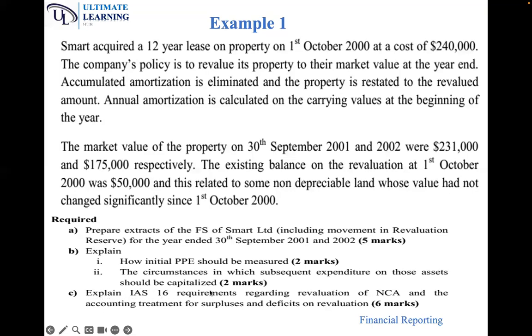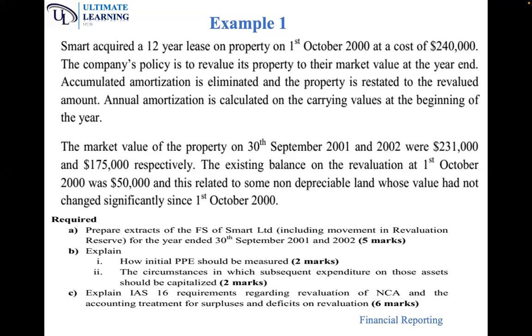Explain IAS 16's requirement regarding revaluation of non-current assets and the accounting treatment of surplus and deficit. So part C has 2 parts in it. Explain IAS 16's requirements regarding revaluation of non-current assets. There were 4 requirements.